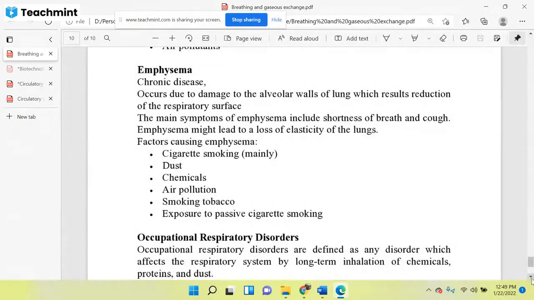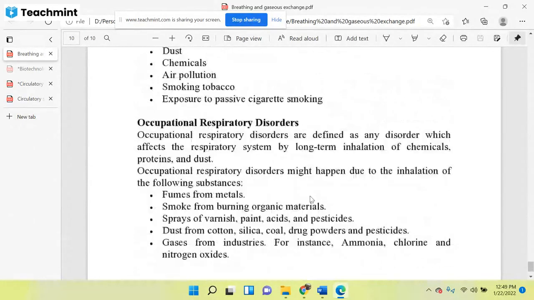Now we'll come to the next disease, occupational respiratory disorder. Occupational respiratory disorders are defined as any disorder which affects the respiratory system by long-term inhalation of chemicals, proteins, and dust.